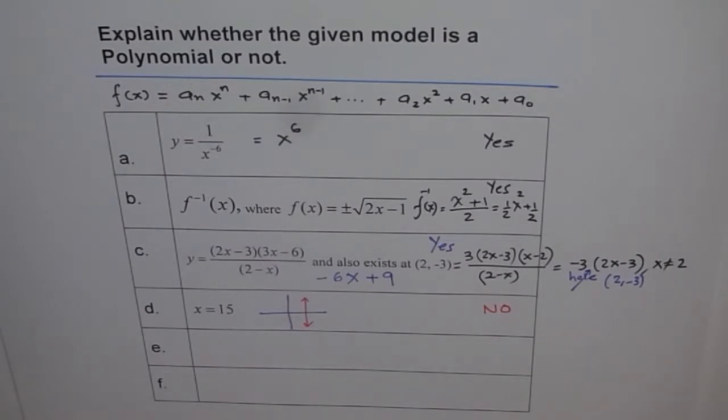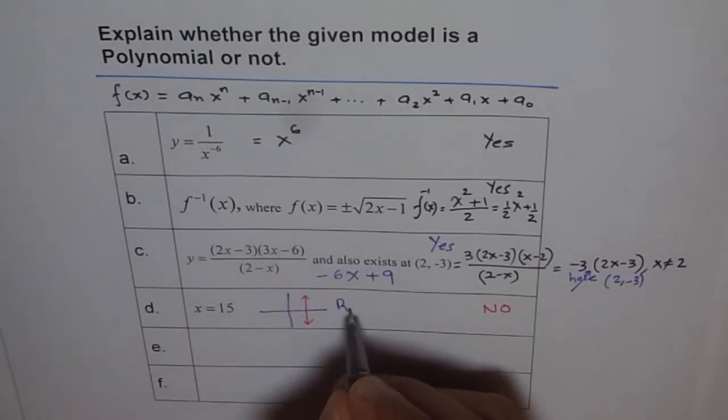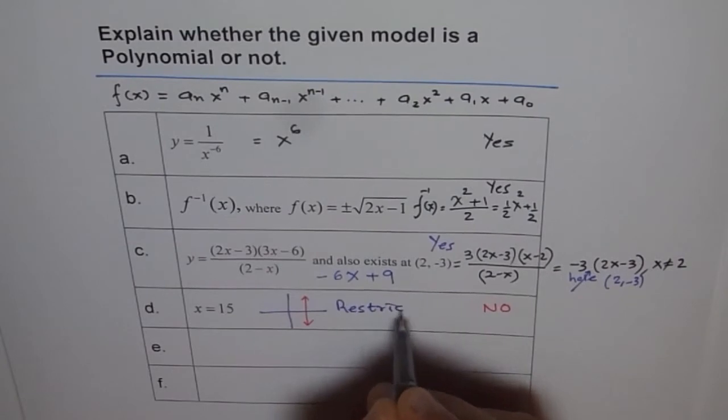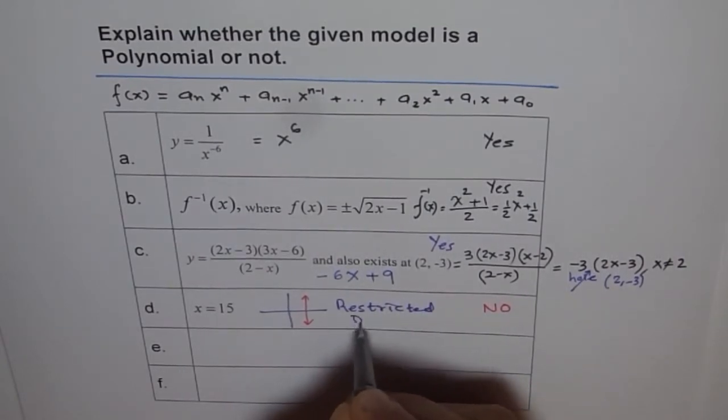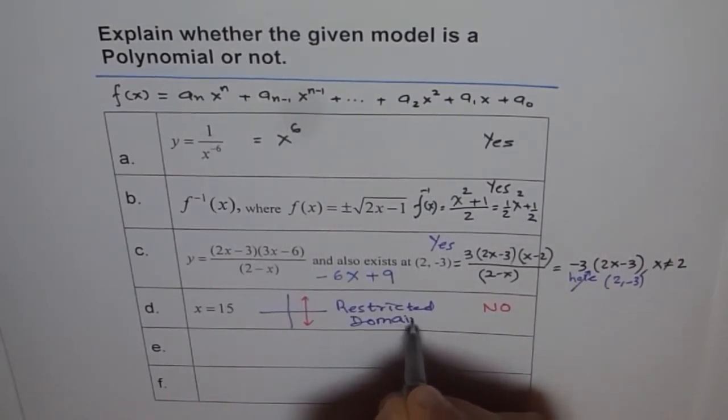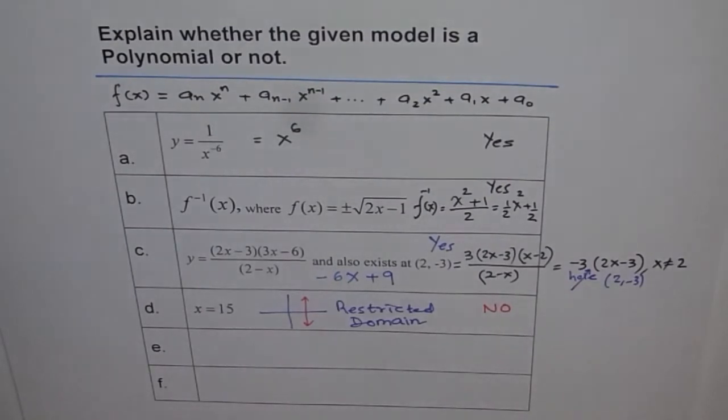Polynomials don't have any restriction on domain, and therefore we will give our reason for this as restricted domain.